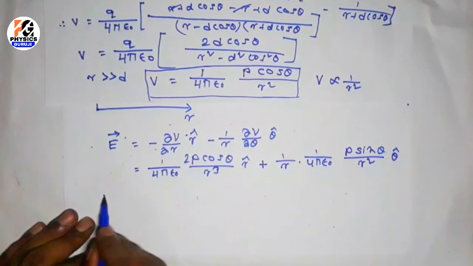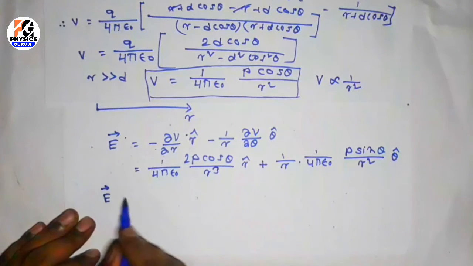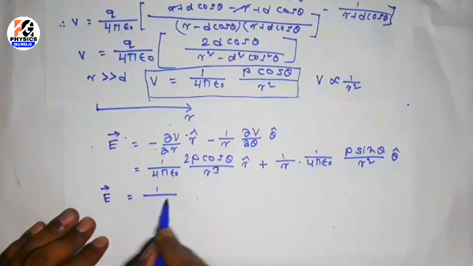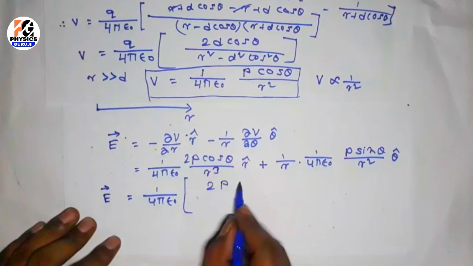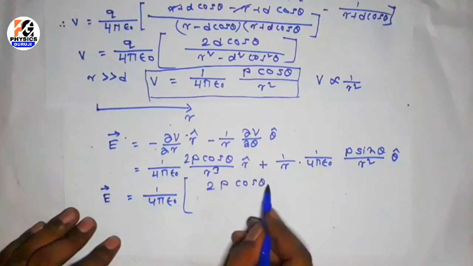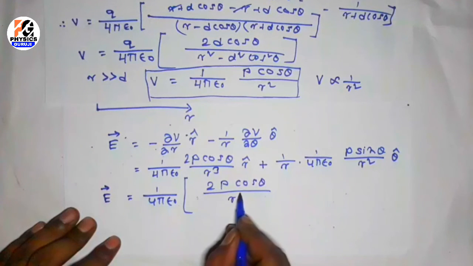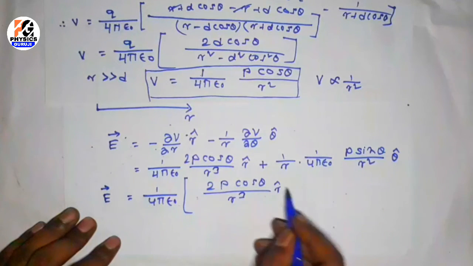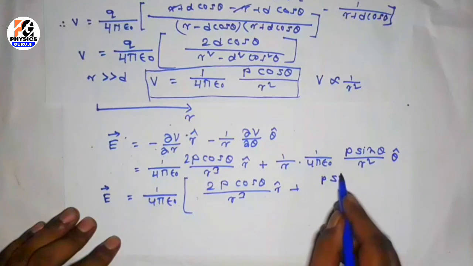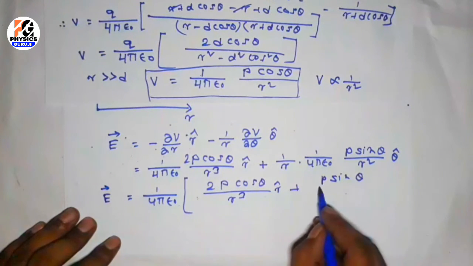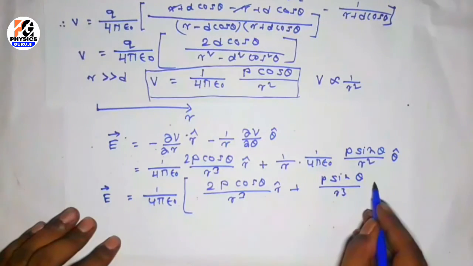So the total field at that point I get is 1 by 4 pi epsilon 0 into 2p cos theta by r cube into r cap plus p sin theta by r cube into theta cap.